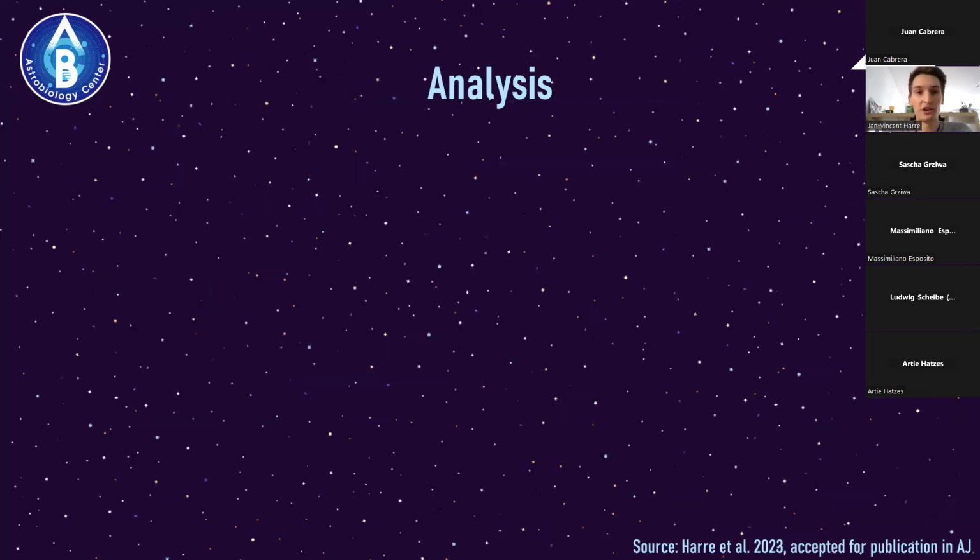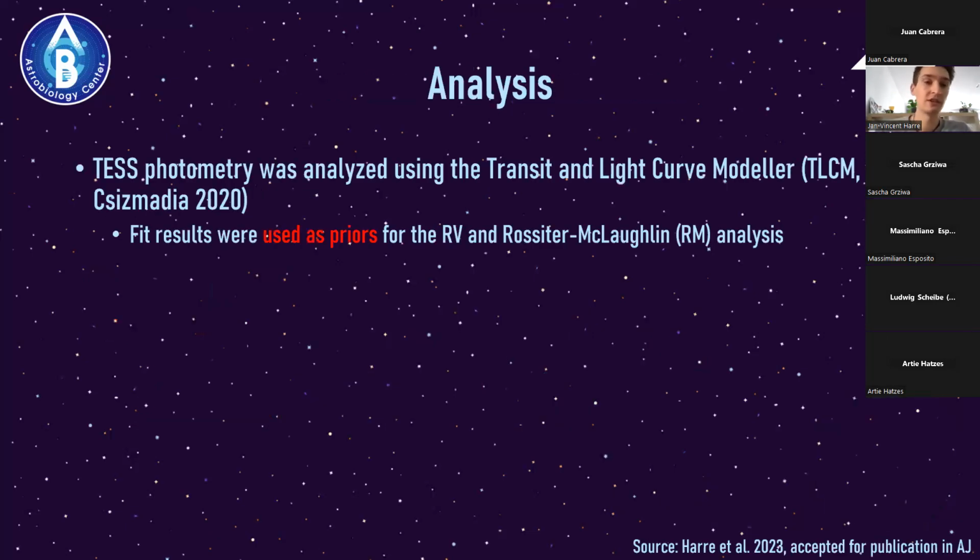Okay, now what have we done with this data? So the TESS photometry was analyzed using the transit light curve modeler, or in short, TLCM. And the fit results from these transit fits were used as priors for the radial velocity and also the Rossiter-McLaughlin analysis.